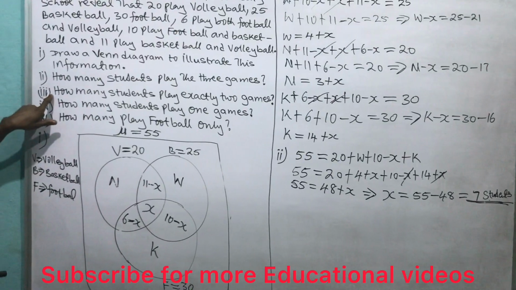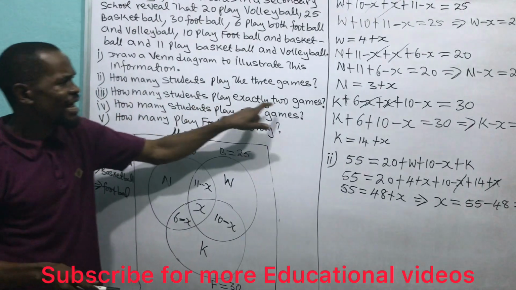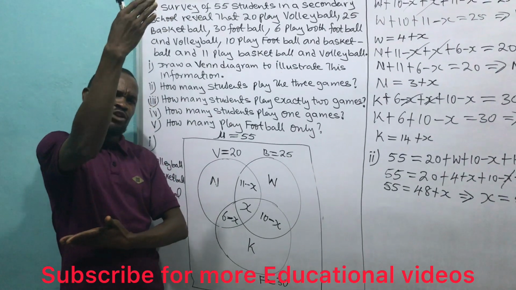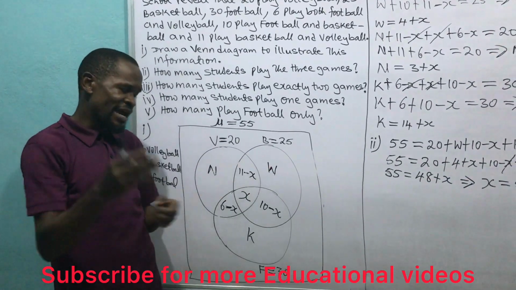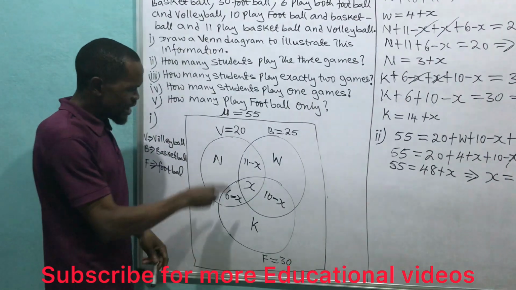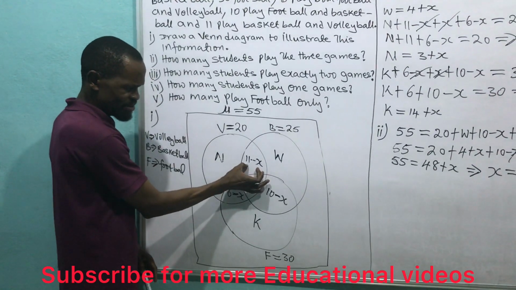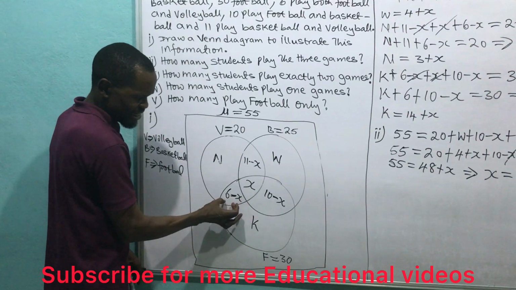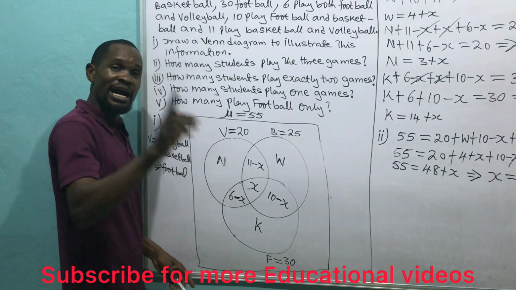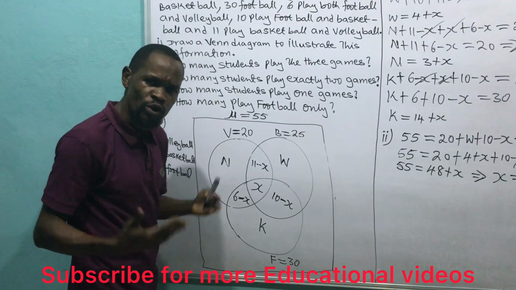Again, the third question said, how many students play exactly 2 games? Have you seen how what we learned in the other video, we are applying it now? They asked us how many students play exactly 2 games. And I know that the people that play exactly 2 games are this, this, and this, right? These people here, and these people here, and these people here are the people that play exactly 2 games.